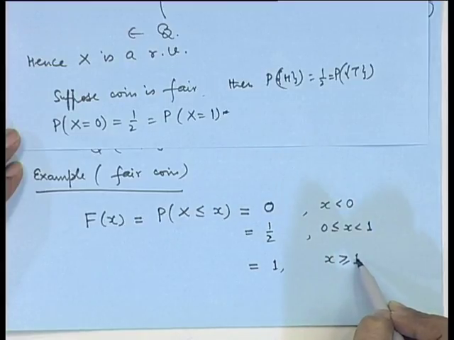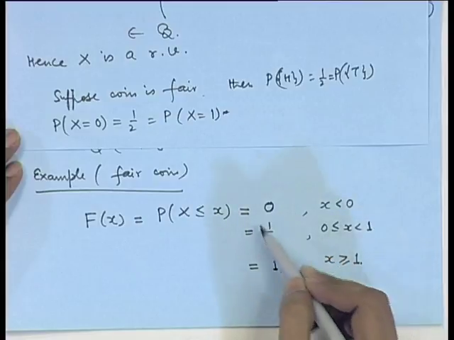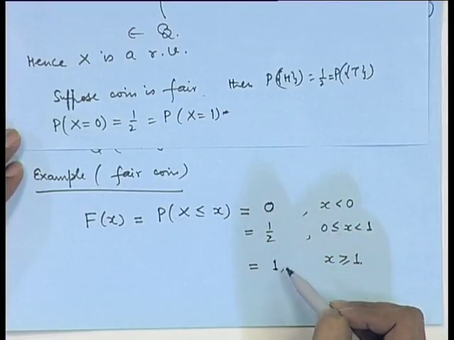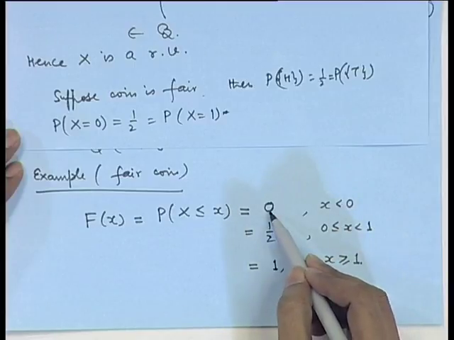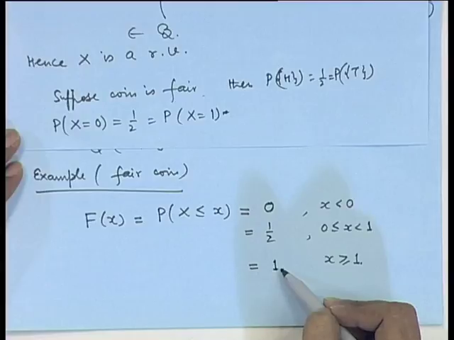At 1, the right hand limit is 1, and the value at x equal to 1 is 1, therefore it is continuous from right at 1. At all other points, the function is continuous. The function is clearly non decreasing. As x tends to minus infinity, F(x) goes to 0, and as x tends to plus infinity, it goes to 1. So, all the conditions of the cumulative distribution function are satisfied here.